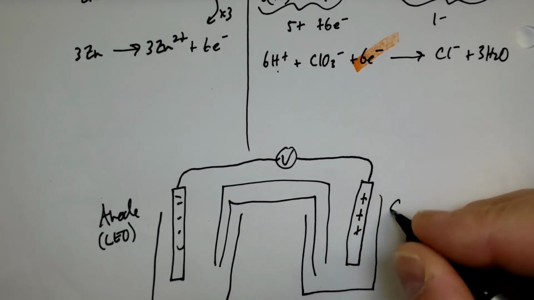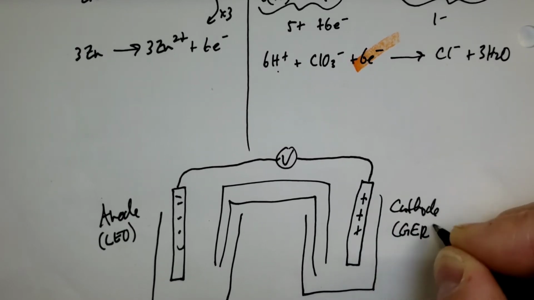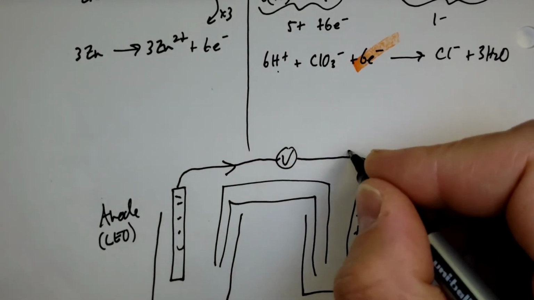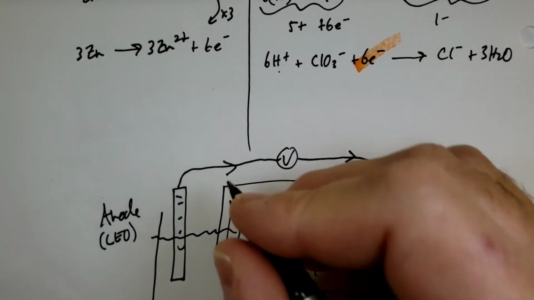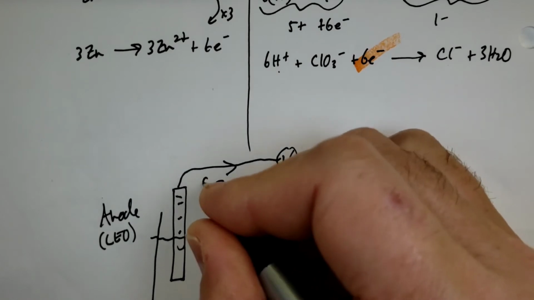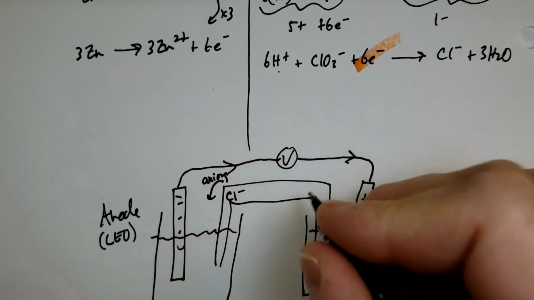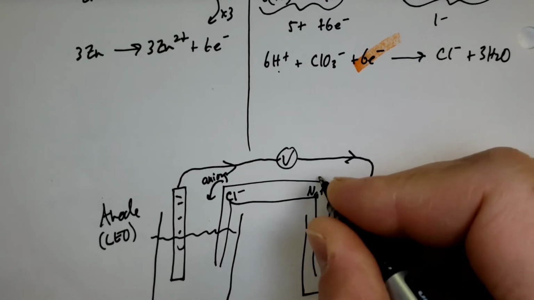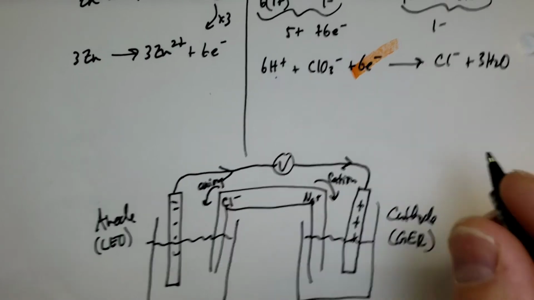Then over here I have the cathode, which is where electrons are going to be gained. And over here I have a salt bridge, right? And I know that anions need to flow this way. So if I use the sodium chloride here, I'm going to have that. And over here I'm going to have the cation going that way.